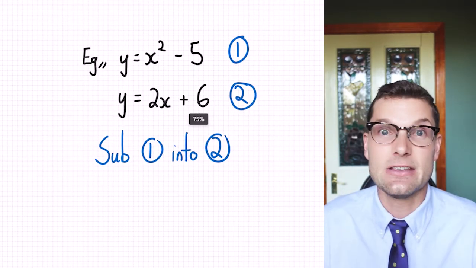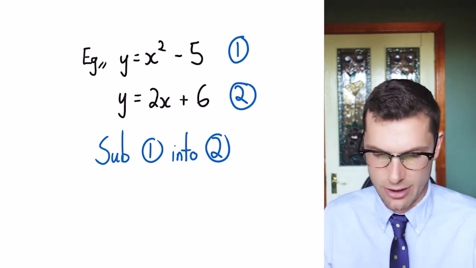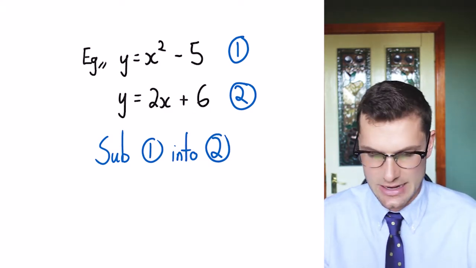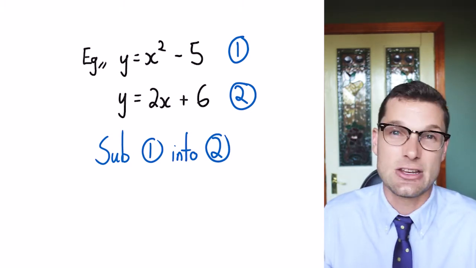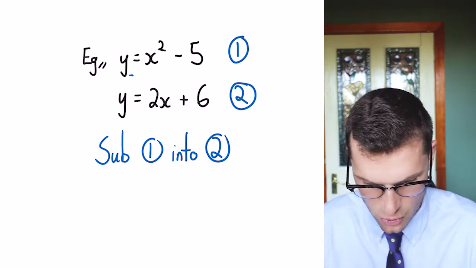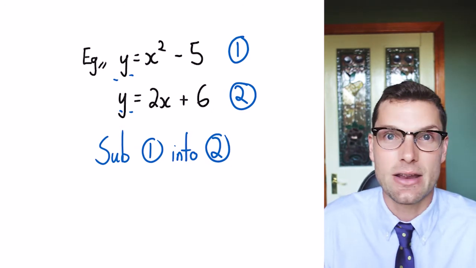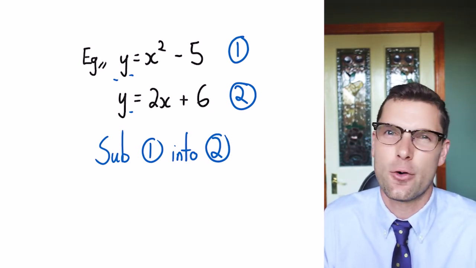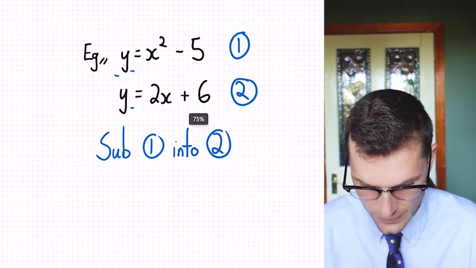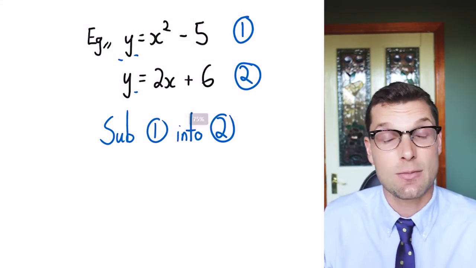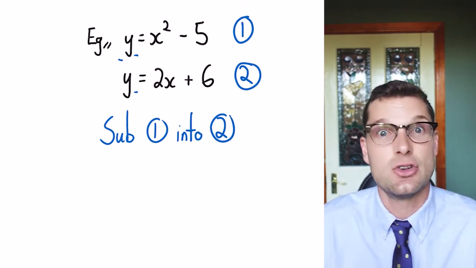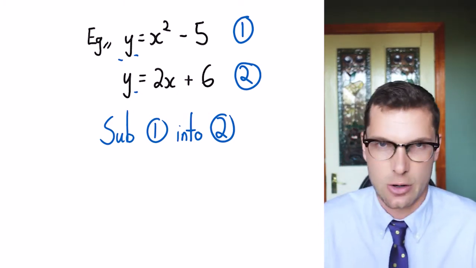So an example of these could be something like this. We've got y is equal to x squared minus 5 and y is equal to 2x plus 6. What I try and always do, it's nice in this equation, but sometimes your monic isn't by itself. So try and rearrange them if you need to in order for this to be a really quick substitution. So what I'm going to do here is sub that first non-linear equation into the second linear equation.